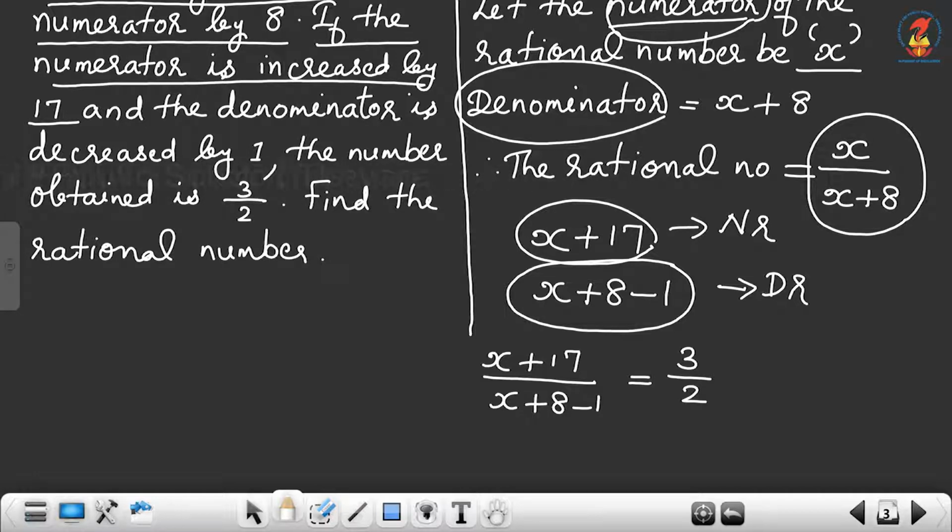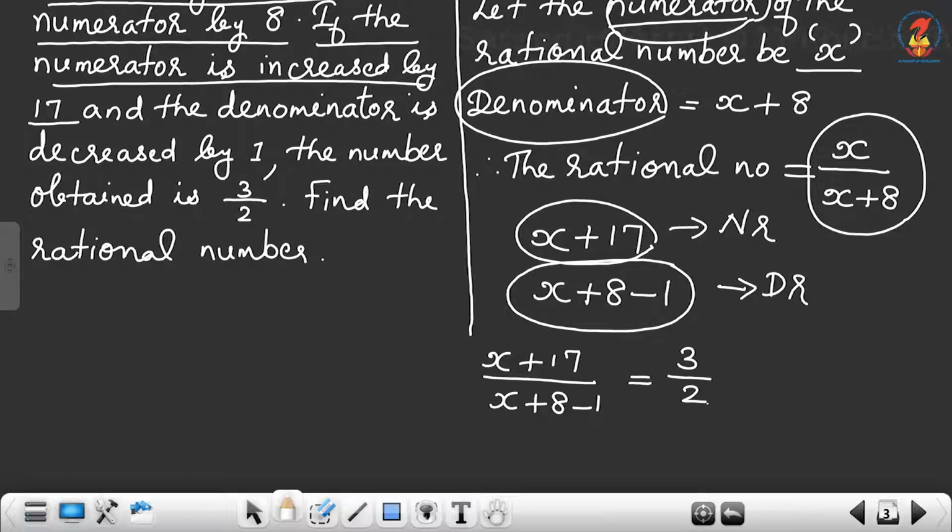First we got the rational number as x by x plus 8. Now apply the condition given in the question. The numerator should be increased by 17, then it is x plus 17. The denominator should be decreased by 1, that is x plus 8 minus 1. Then the number obtained is 3 by 2.